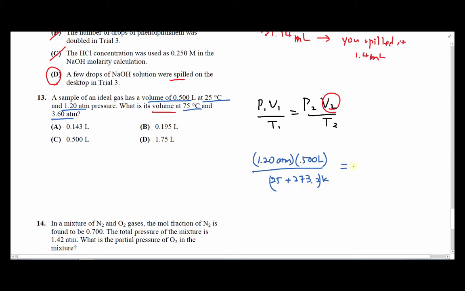Okay, and let's move on to our second system. We have 3.60 atm. And we have, okay, we are looking for volume.